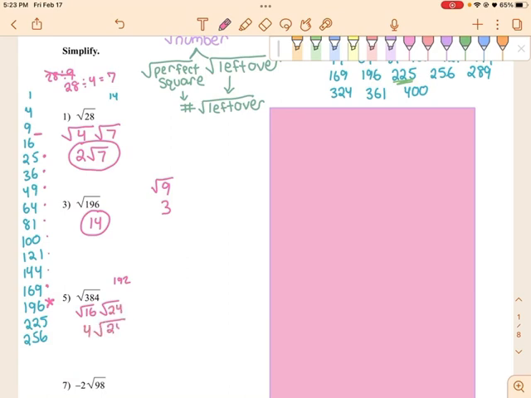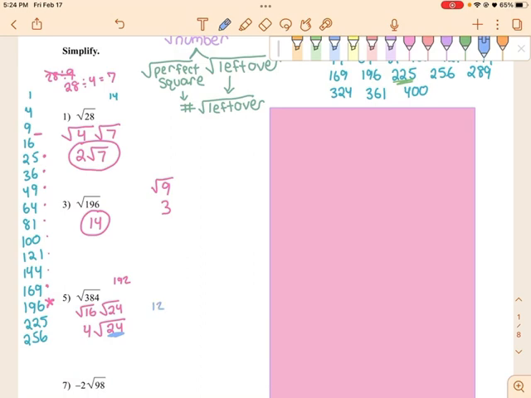So that means I must have missed something or typed something wrong on my calculator, which happens, because I can simplify further. Because 24 also has a perfect square that goes into it. If you think, whenever something ends in 4, it's usually divisible by 4, right? So 24, half of that would be 12.